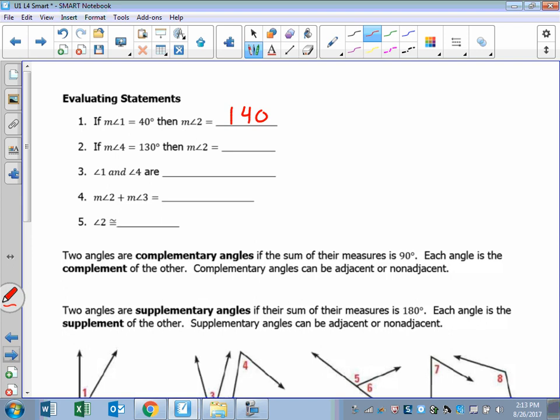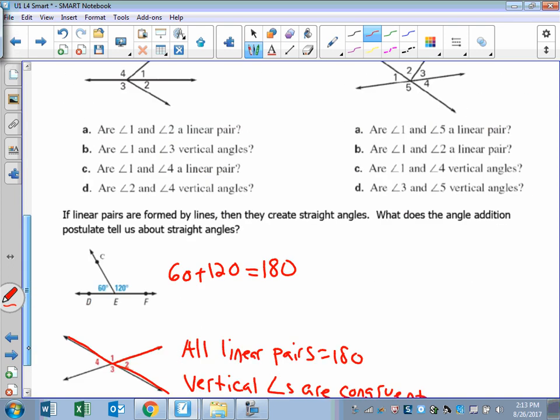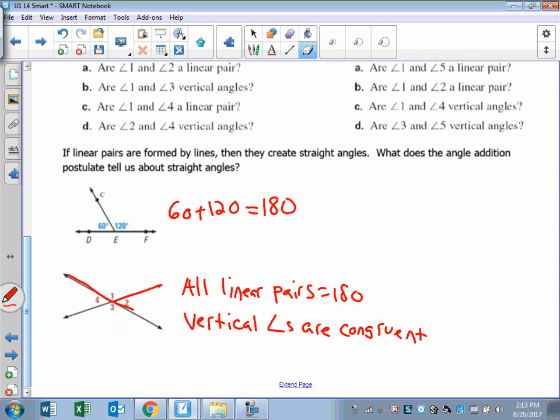If the measure of angle 4 is 130, then what is the measure of angle 2? Well, angle 2 is vertical, it's across, so angle 2 would also have to be 130 because they're vertical.